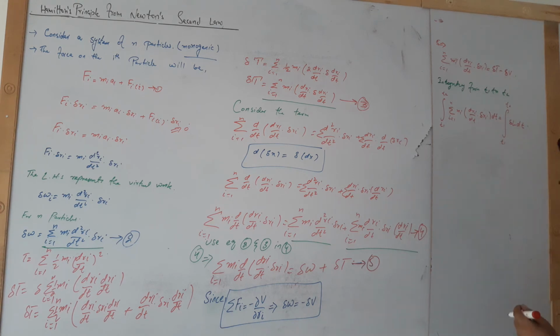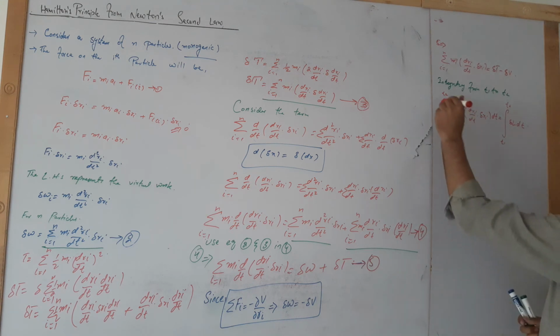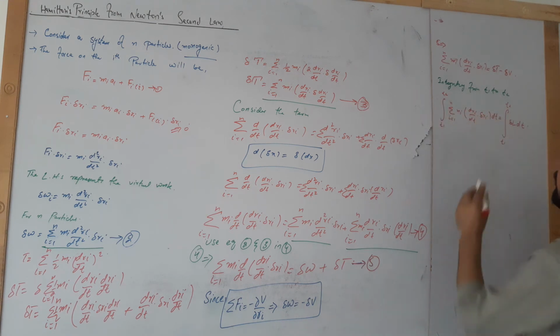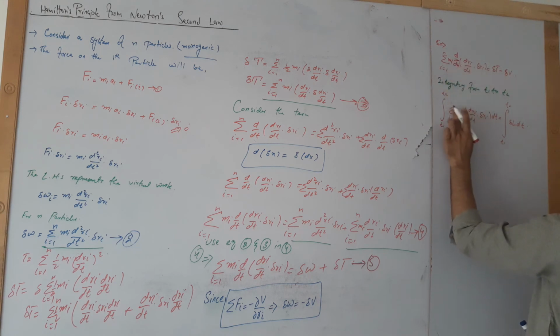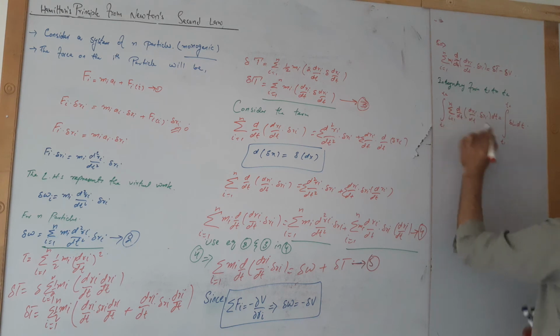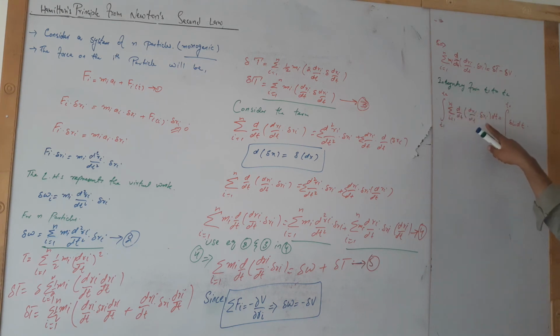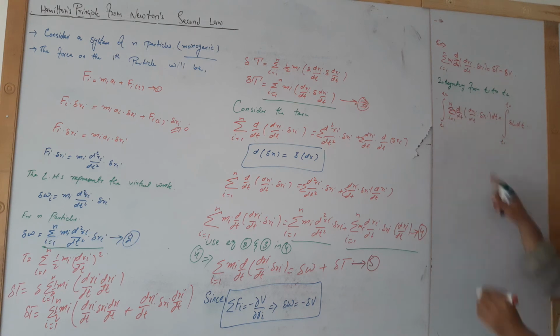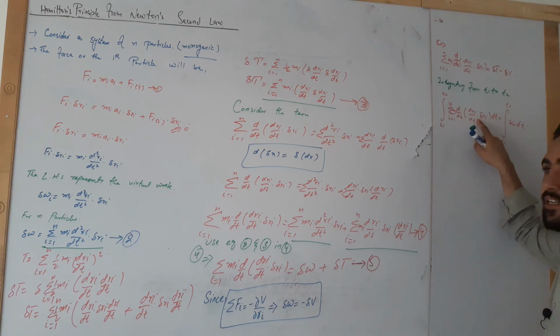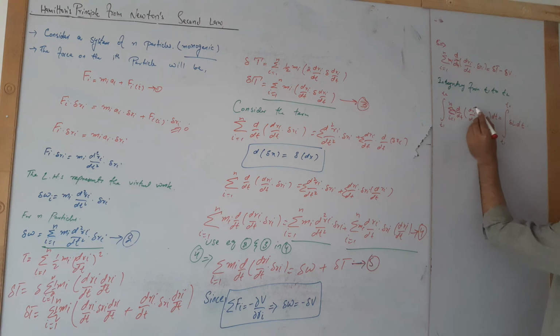Look at the right hand side, I mean the left: we have the integral of the derivative of this term, so integration and differentiation will cancel out, and we are left with Mi dRi over dt dot del Ri evaluated at the limits. Now these two terms are perpendicular to each other at the end points, and they will become equal to 0.